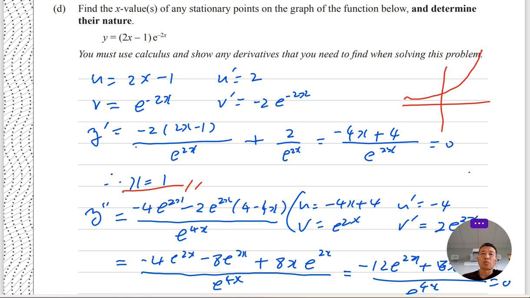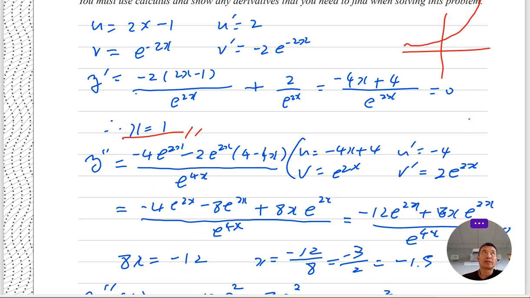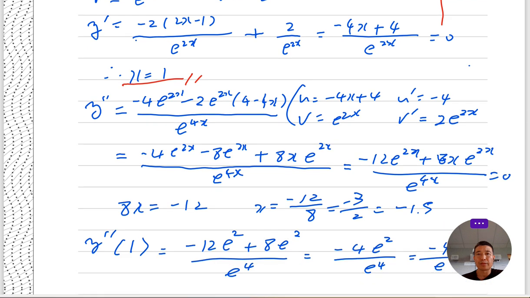And then we have to test the nature of this stationary point. So second derivative. So again, because this requires quotient rule, u and v, and then you differentiate.